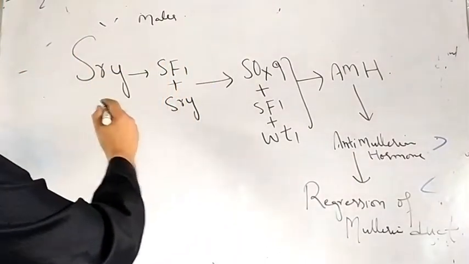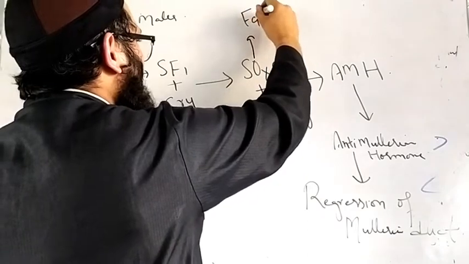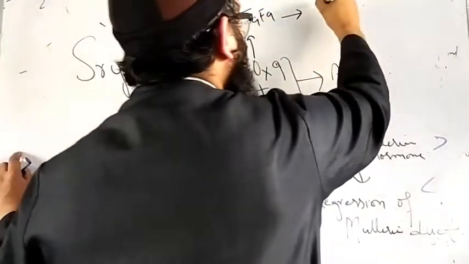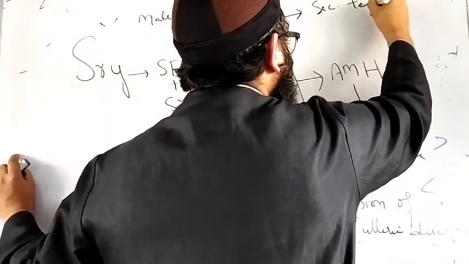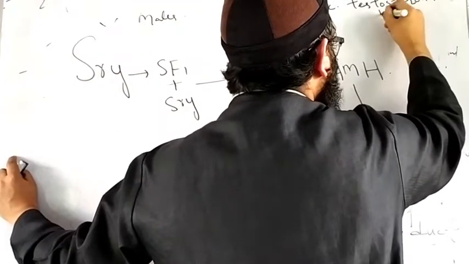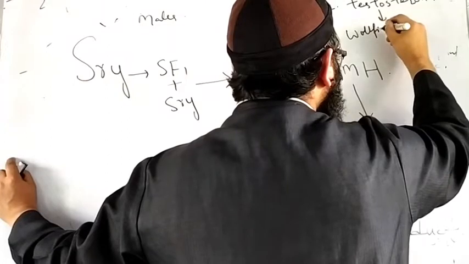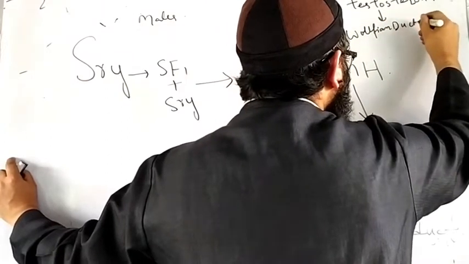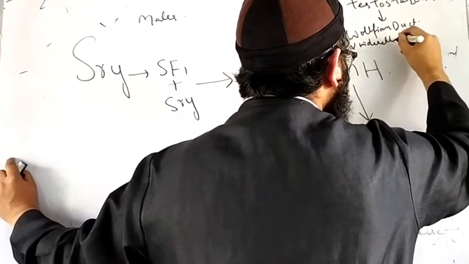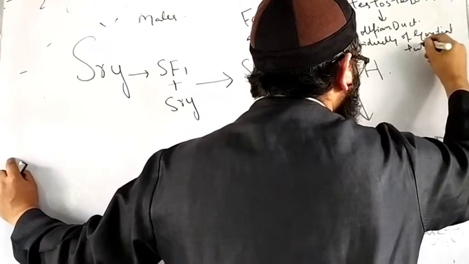On the other side, this SOX9 gene will activate the FGF9 gene, and this will cause the secretion of testosterone. Testosterone will lead to the differentiation of the Wolffian duct and indirectly of the genital tubercle.